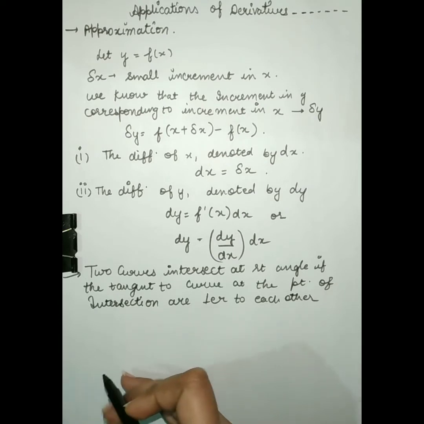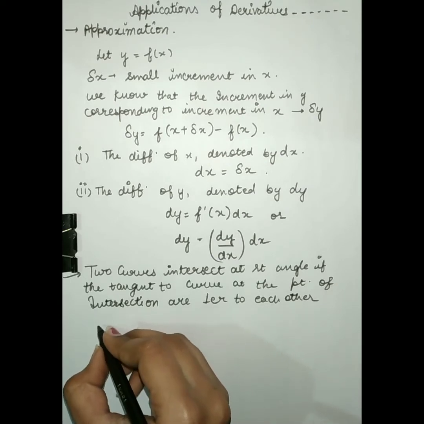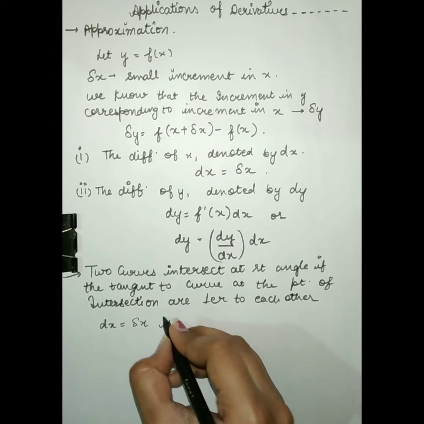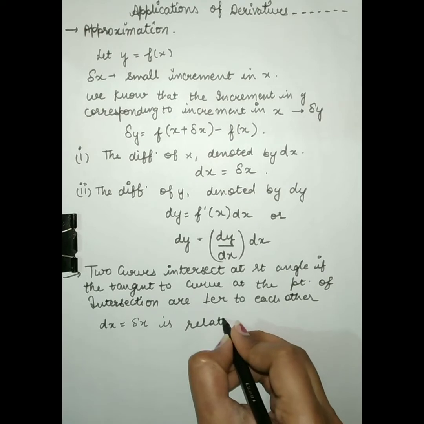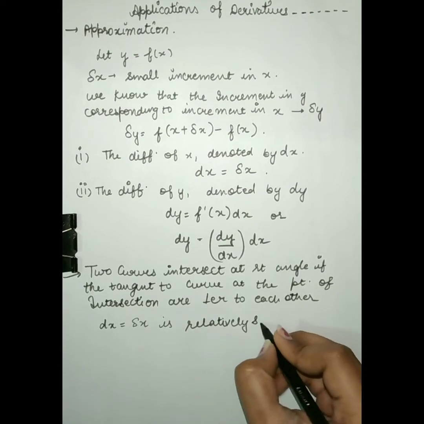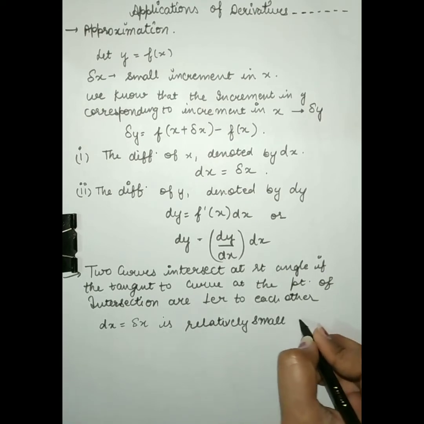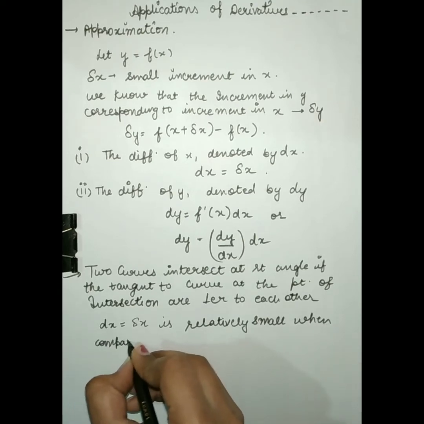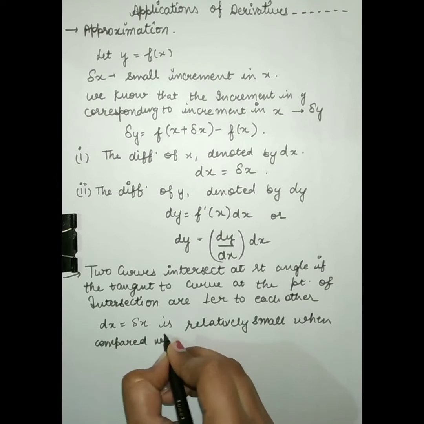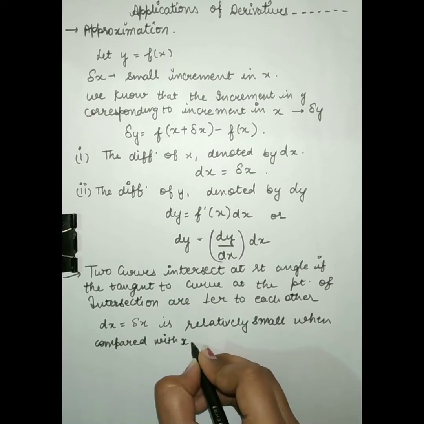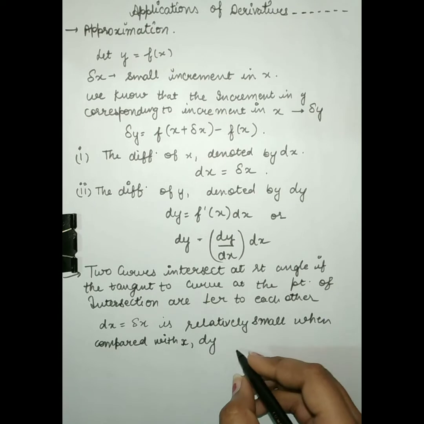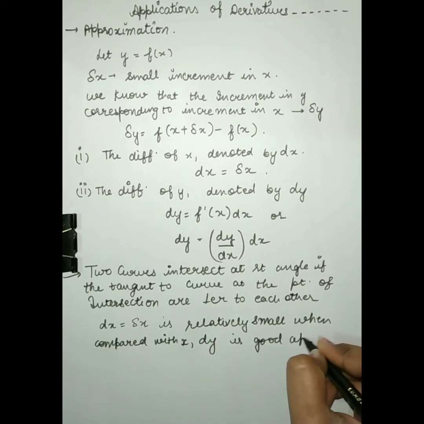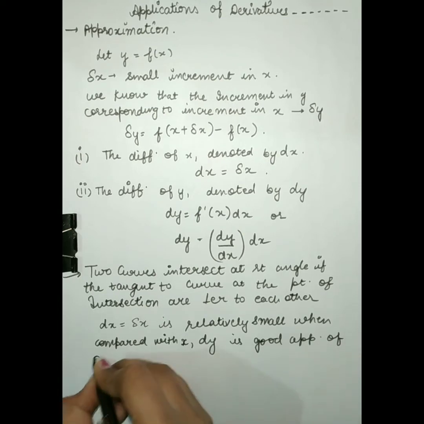perpendicular to each other. In case dx, which equals del x, is relatively small when compared with x, then dy is a good approximation of del y.